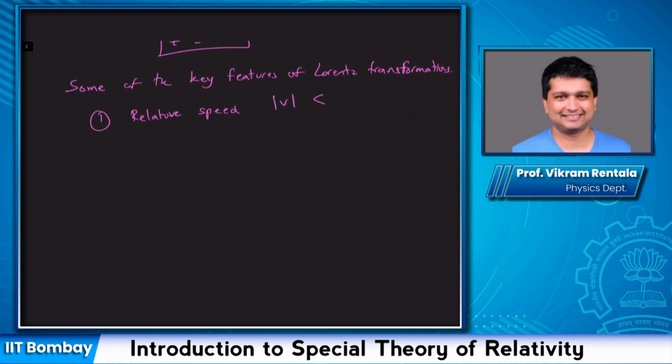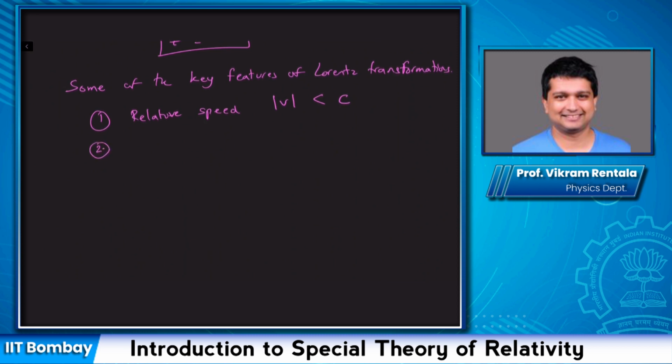I'm allowing it to be positive or negative, but the magnitude of it should be less than c if you want a valid dictionary, which means two inertial frames S and S prime, or the frame S prime as seen in the frame S, can only be moving at a speed smaller than the speed of light. That's the only case where this dictionary is valid.